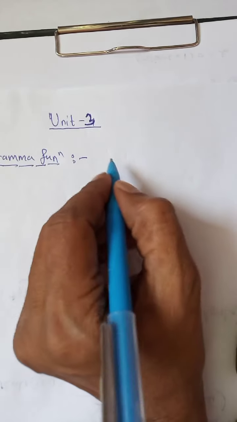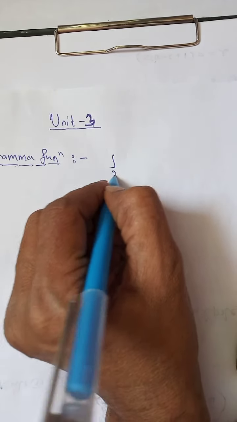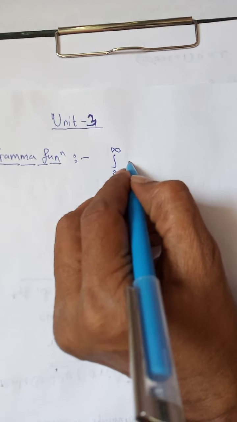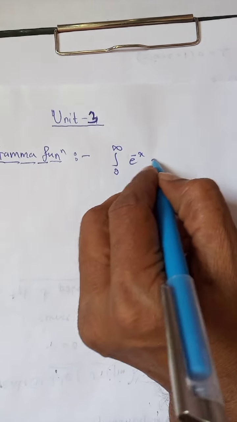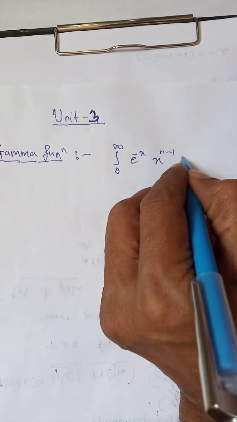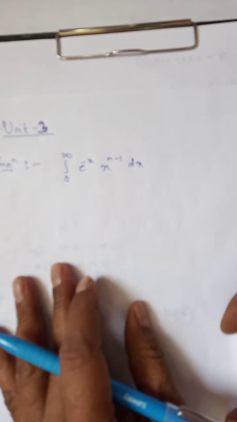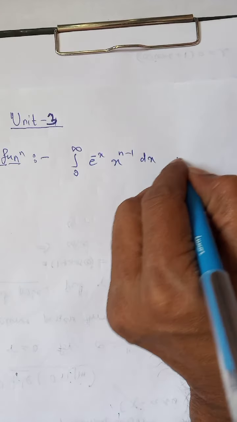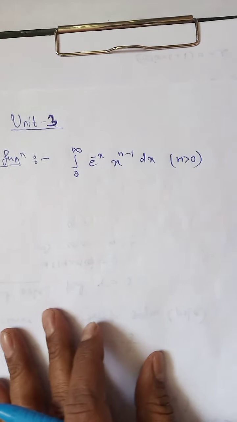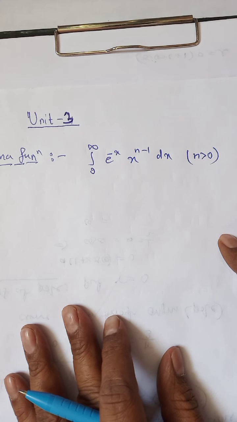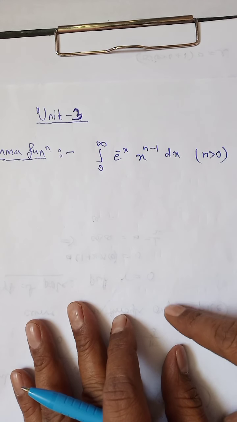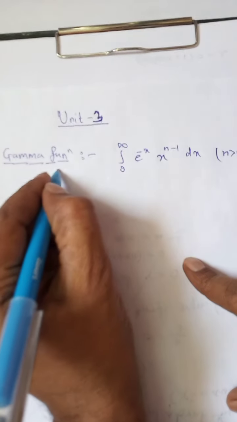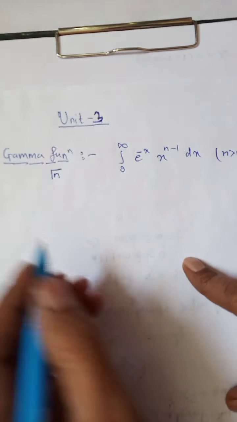So the definite integration from 0 to infinity e to the power minus x into x to the power n minus 1 dx, n greater than 0, is defined as gamma function, and it is denoted by this notation gamma n.